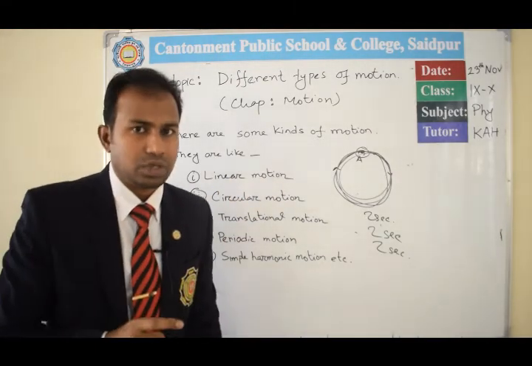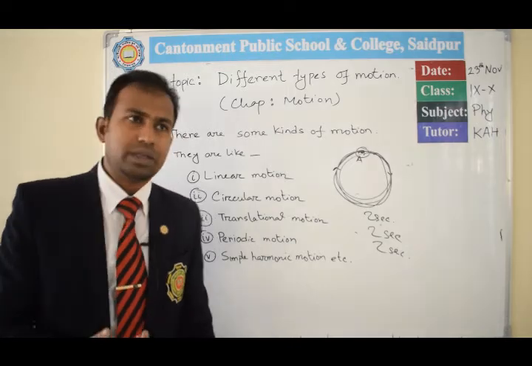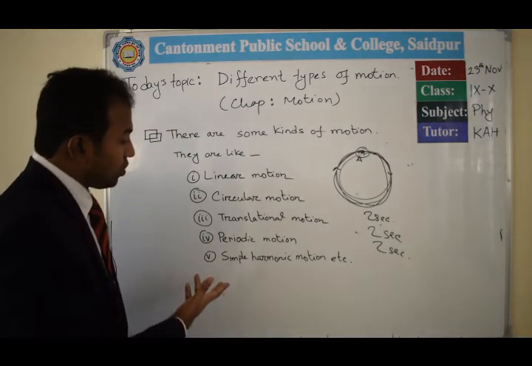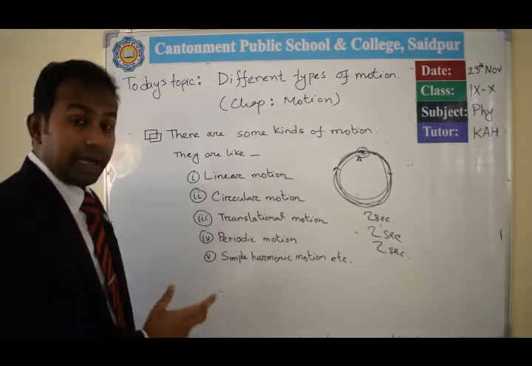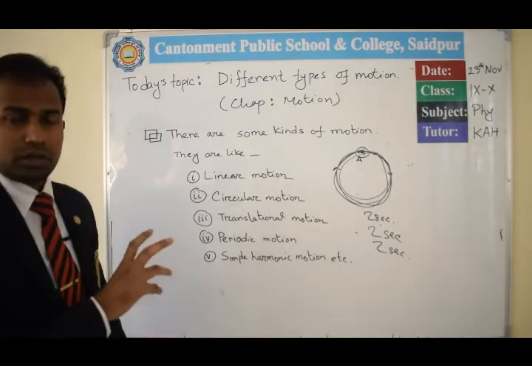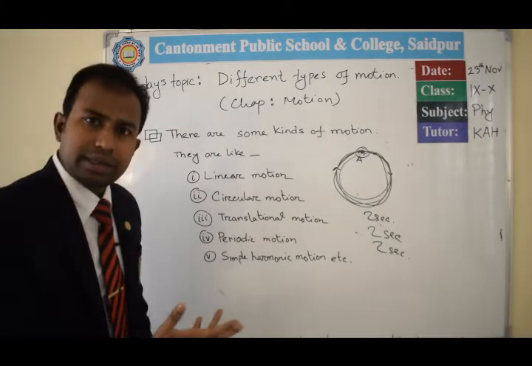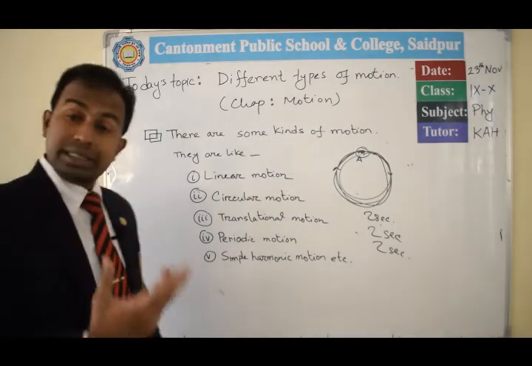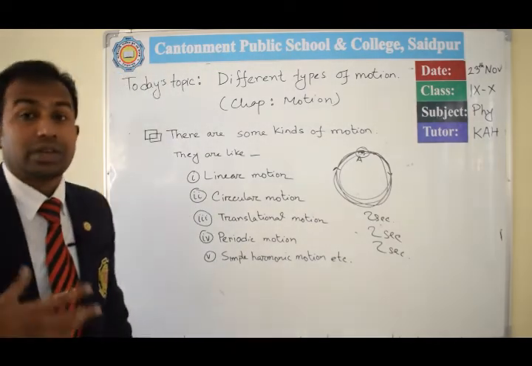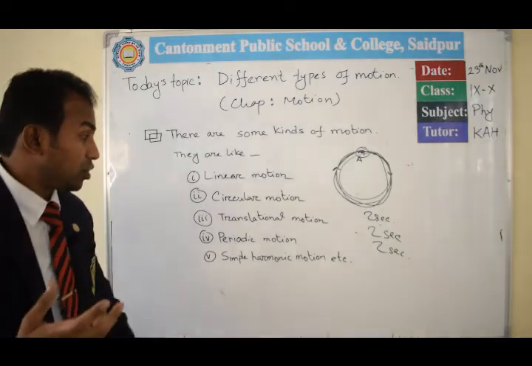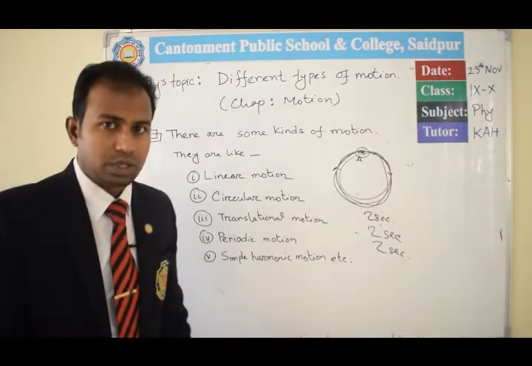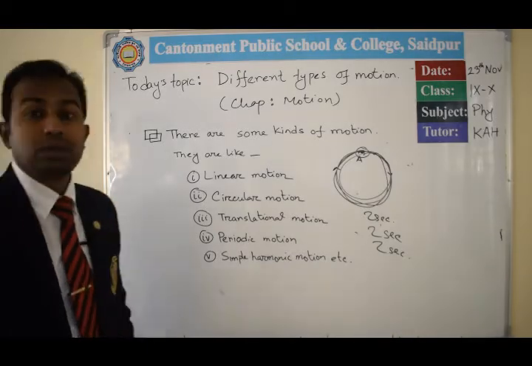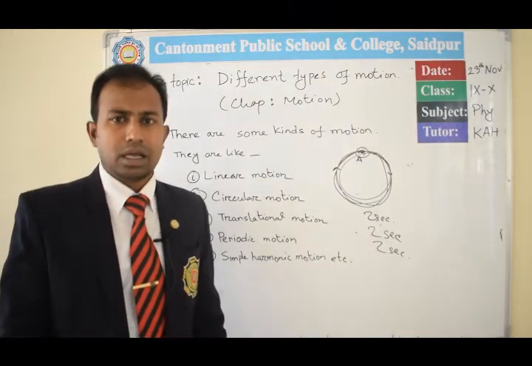So that is the vibratory motion, and some of the other motions you will learn properly in higher classes. So if you take a good look at today's class, there are some kinds of motion: linear motion, circular motion, translational motion, periodic motion, and simple harmonic motion. They are also like the vibratory motion, as I have mentioned.